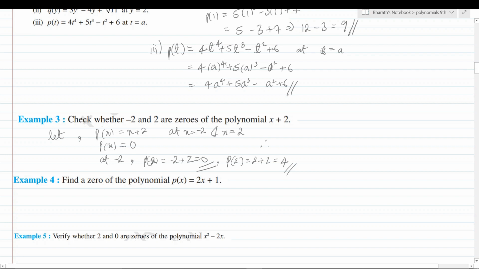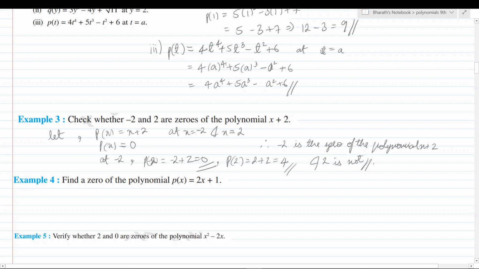So therefore minus 2 is the zero of the polynomial x plus 2 and 2 is not.